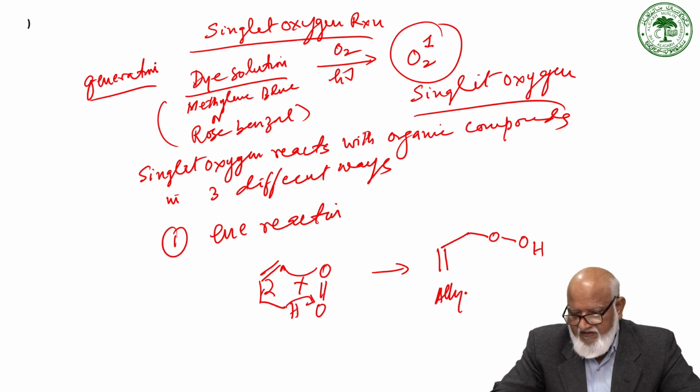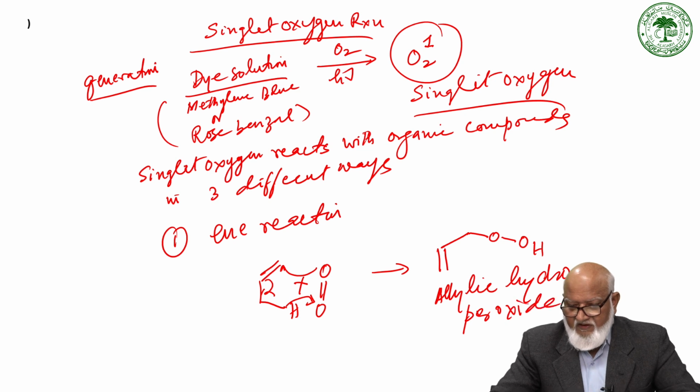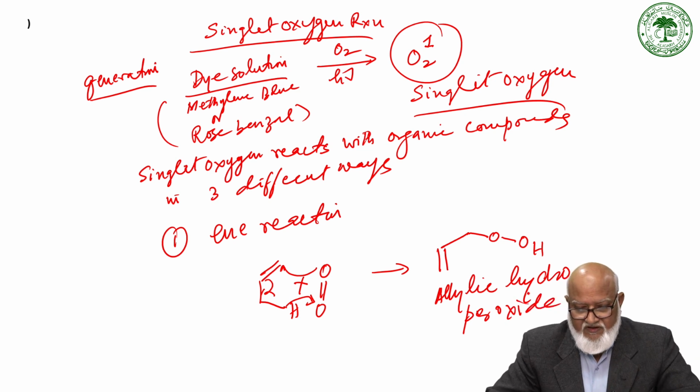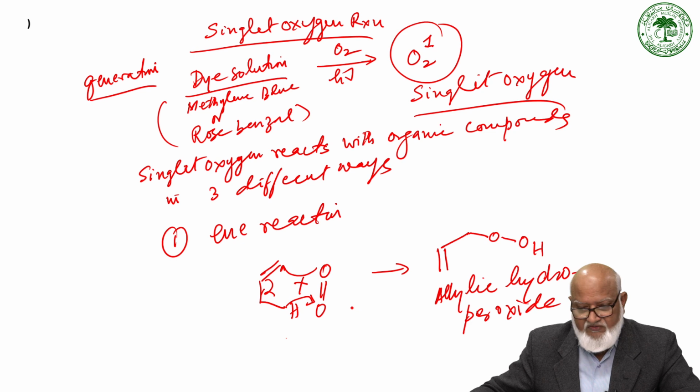Allylic hydroperoxide is formed when an allylic hydrogen is available, and it acts in this fashion, giving rise to this product.